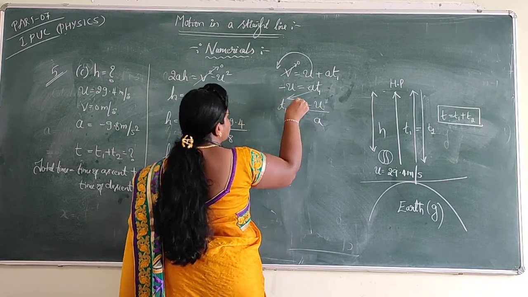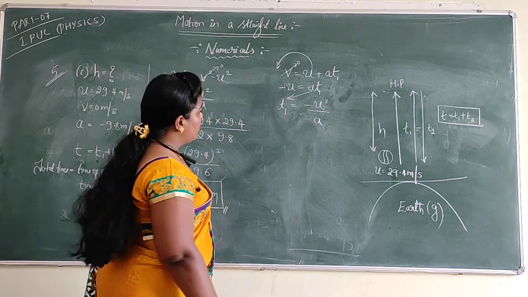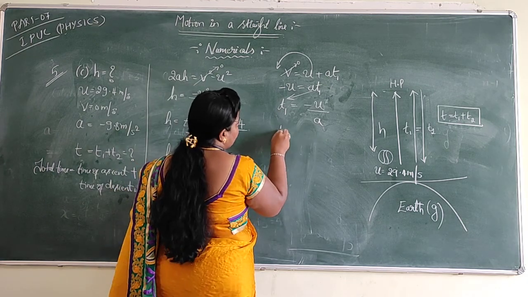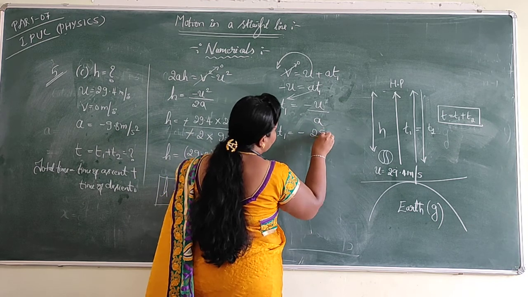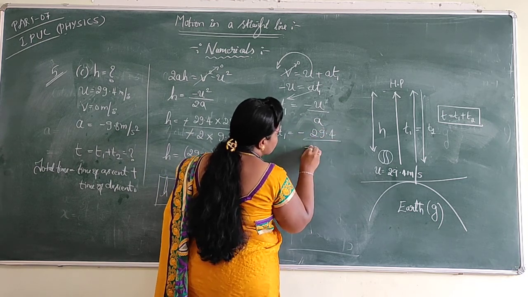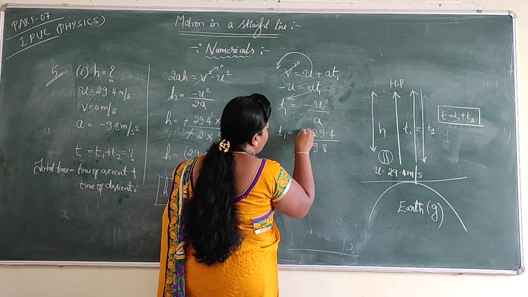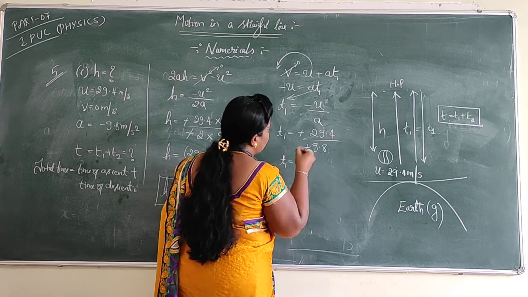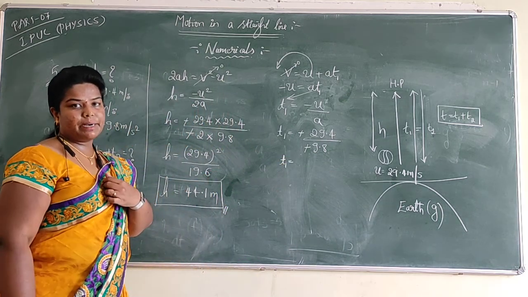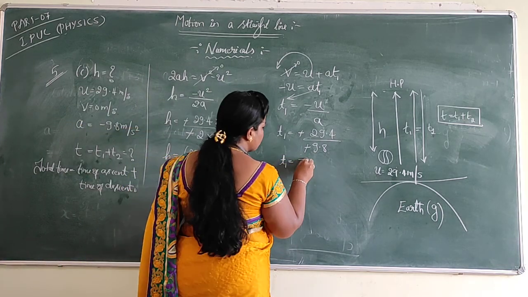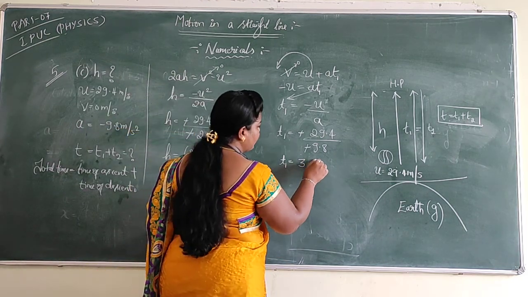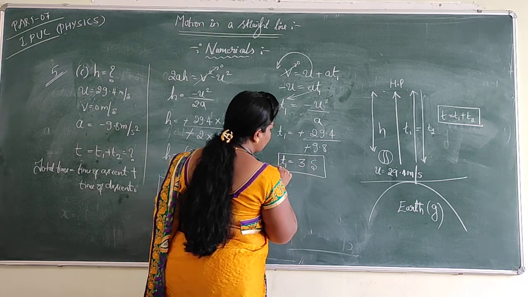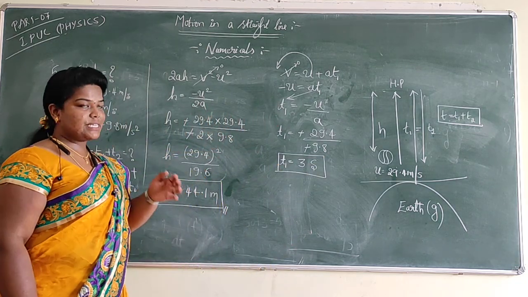Then T1 is equal to minus 29.4 and a is minus 9.8, the minus signs cancel. So 29.4 divided by 9.8 gives you 3. The unit is seconds. So we got time T1 is equal to 3 seconds.